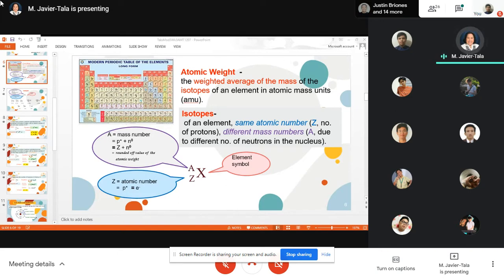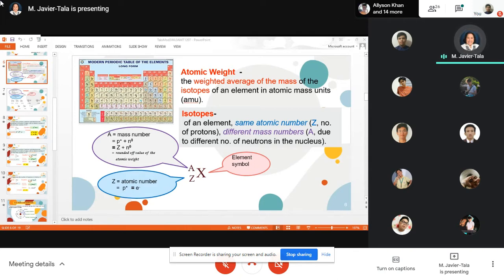What does it mean by different mass numbers? It means there are different numbers of neutrons in the nucleus. So they get the average masses of those isotopes, and that will be indicated in your periodic table. Then for those that have isotopes that are very unstable, they get the mass of the most stable isotope that is available.